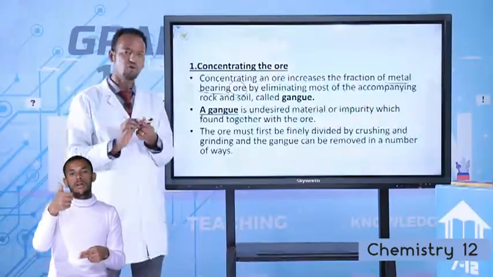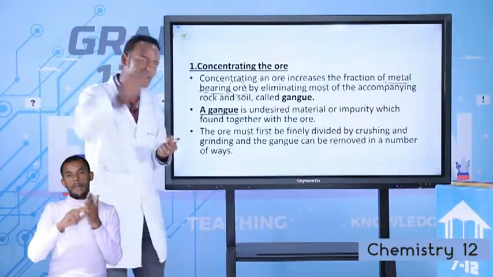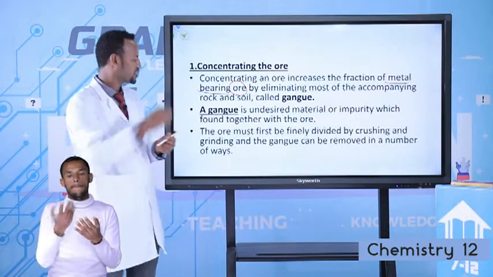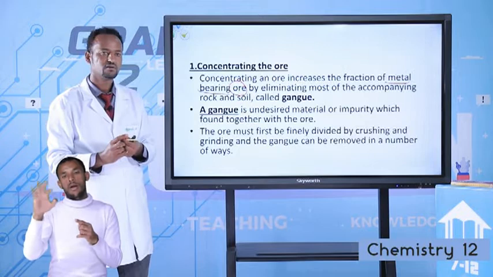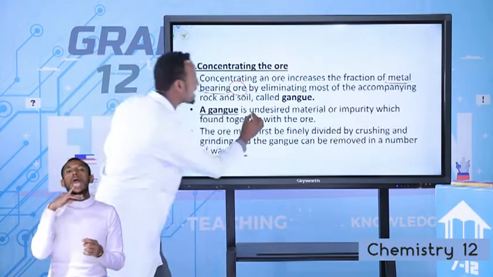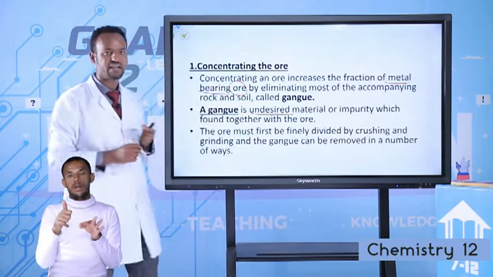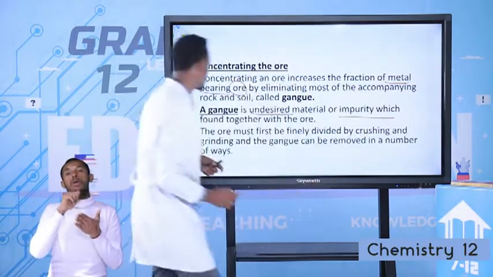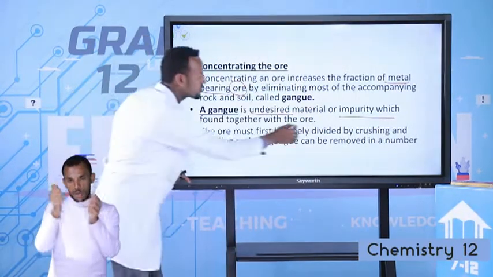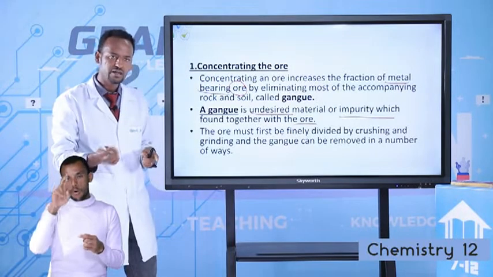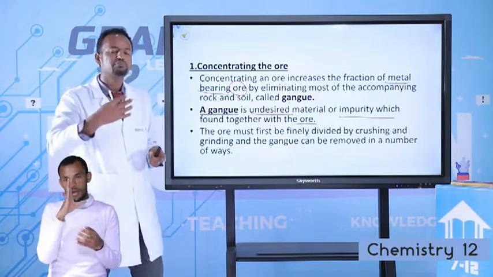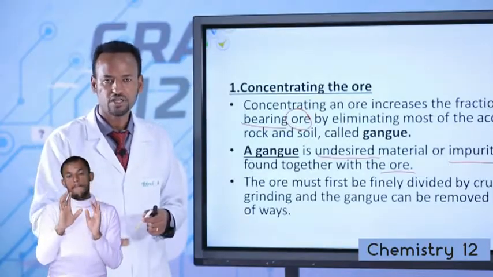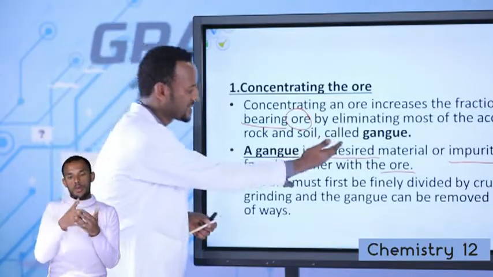Therefore, concentrating the ore means increasing the metal-bearing fraction by removing the gangue. What is gangue? It is undesired material, impurities, found together with the ore, because ore contains the element plus unwanted materials like rock and soil, which are called gangue.